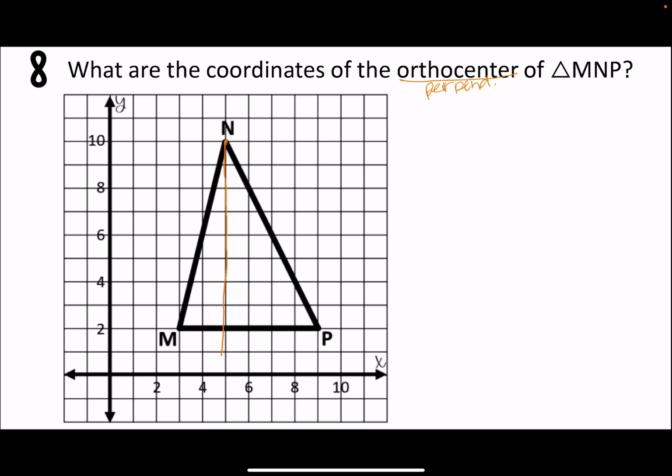Then from M all the way across to NP, you're going to have to find the opposite slope of this. The negative reciprocal, opposite reciprocal, if you remember that. So I'm going to put the thing down, and my slope for this is 2/1 for NP.